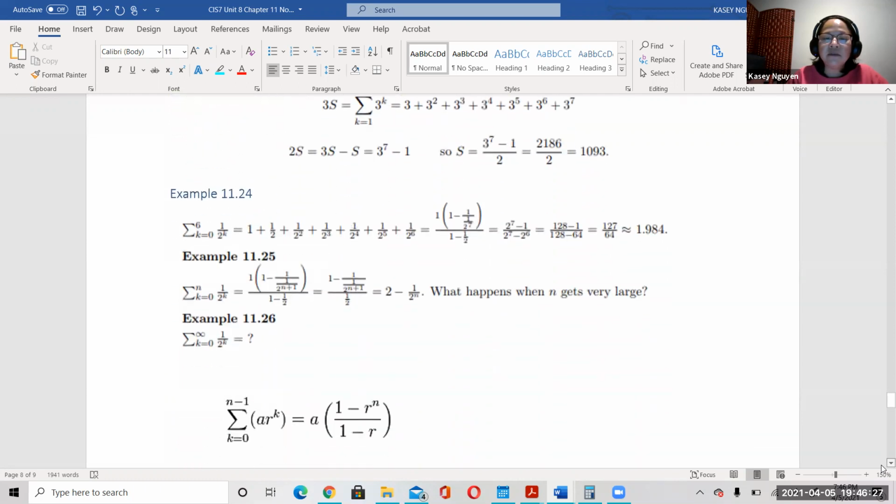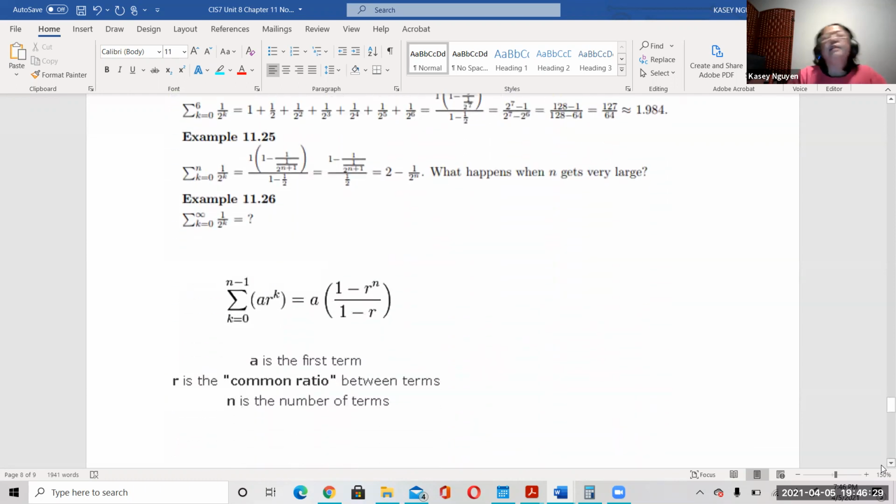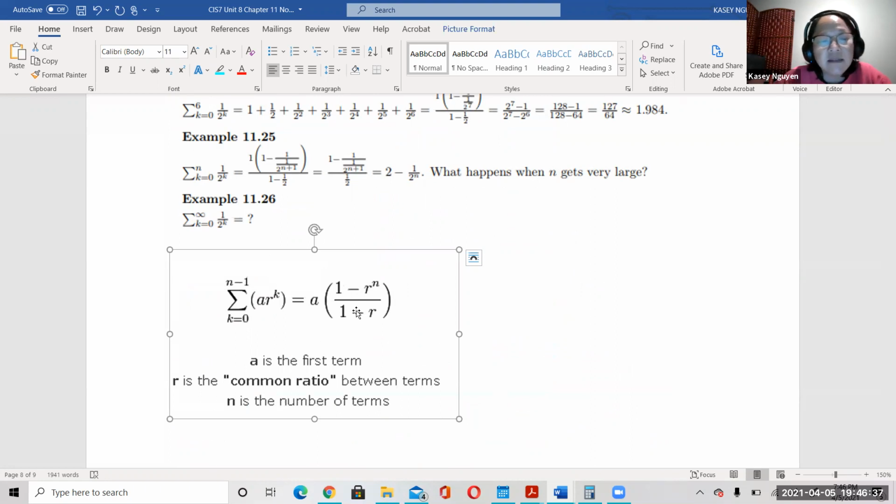So now when we look at the equation, this is your magic equation, on page 8. When you look at the geometric series, A is the first term value, just like the other equations that we worked with previously, R is your common ratio, and N is the number of terms.